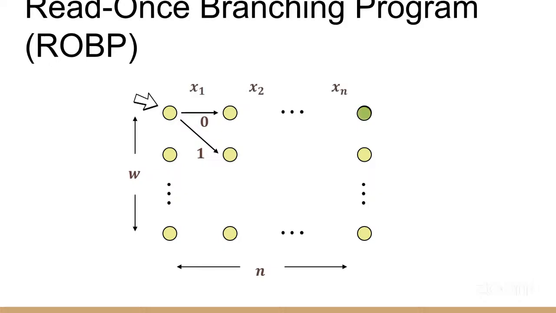You read the input bits one by one, x1, x2, up to xn, and finally reach a vertex in the last layer. If you reach a dark green vertex, that means you are supposed to accept this input. If you do not reach this special vertex, then you reject this input stream. And this is called read-once because you are reading the entire input x1 to xn only once, going from left to right. Any questions?